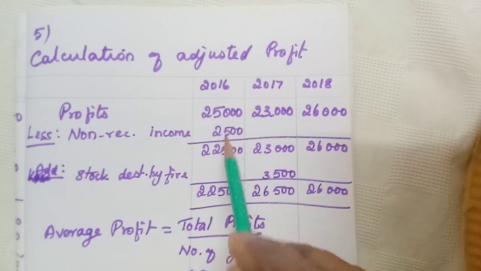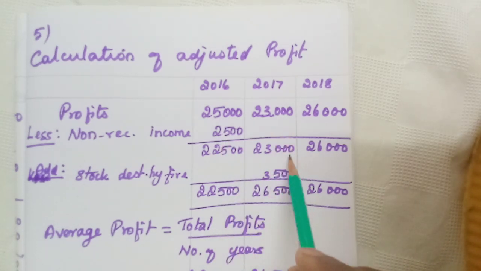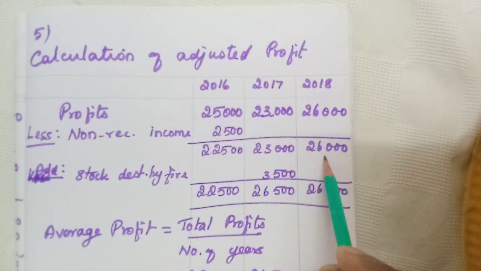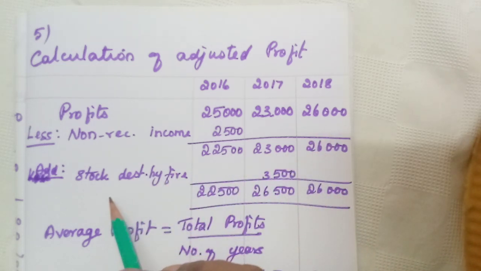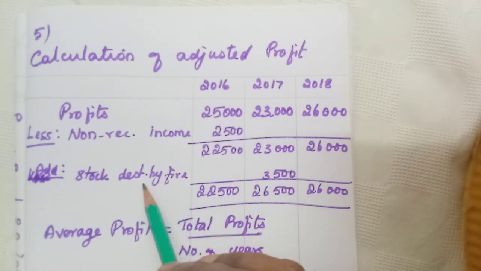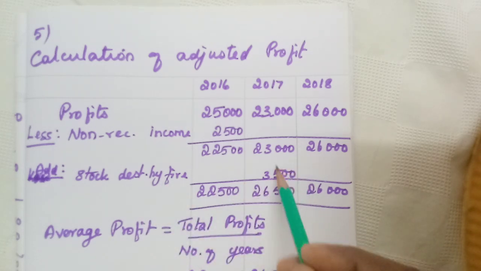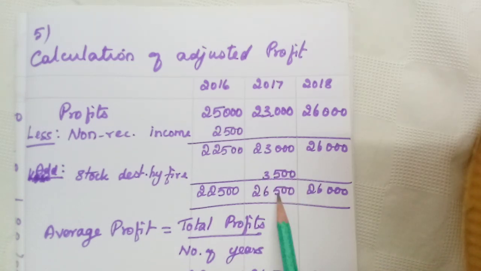Then draw a line and write, deduct and write 22,500, 23,000, 26,000. Then 2017 is reduced by 3,500 due to stock destroyed by fire. So here we need to add that one. Because it is already reduced, we need to add 3,500. So we will get 26,500.